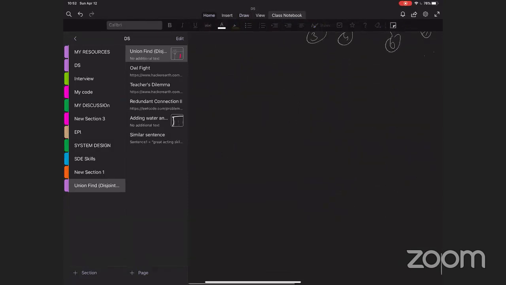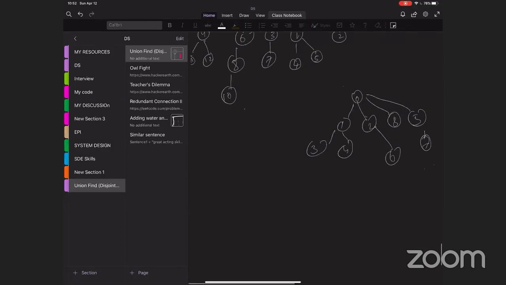But this will be n log n, right? Because we are touching all the points again, and we are recurring. See, we have to touch all the points anyway in find, right? So one time I touch it. When I did find 5, I touch everything. So basically I had to go to the depth of the tree.